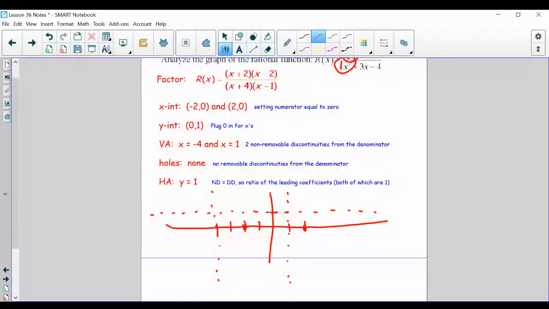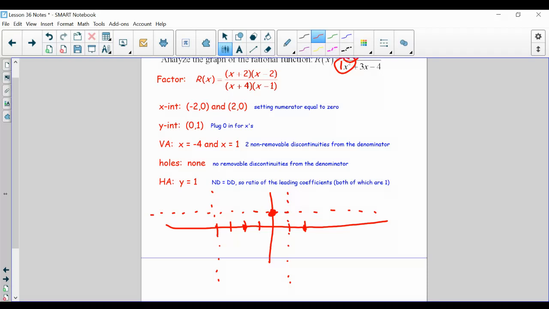And we don't have any holes. And we have a y-intercept at 1 as well. Okay, so first thing, remember, you can cross through a horizontal asymptote. So the fact that I have my y-intercept on a horizontal asymptote is no big deal. A horizontal asymptote, we're concerned about what's happening at the 2 ends, not what's happening in the middle.